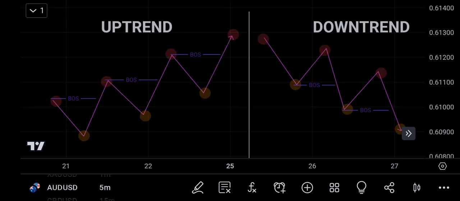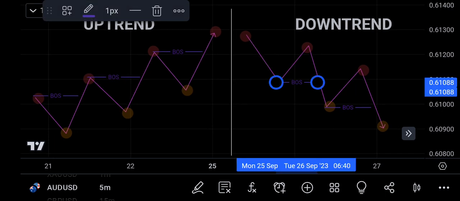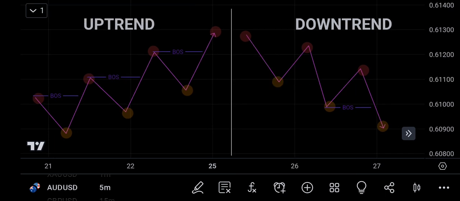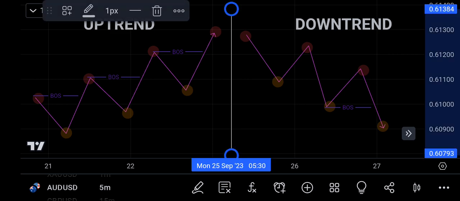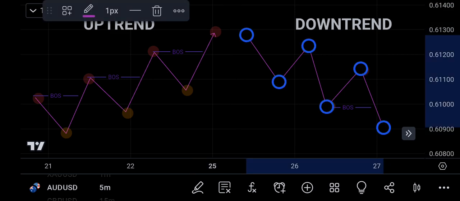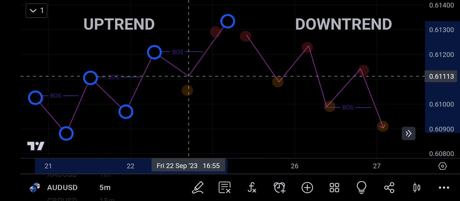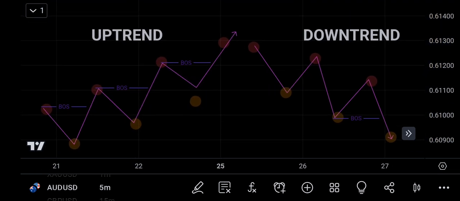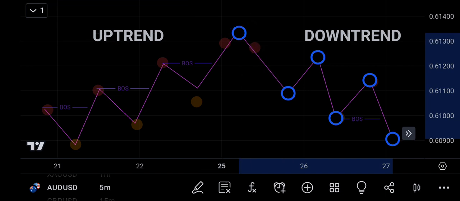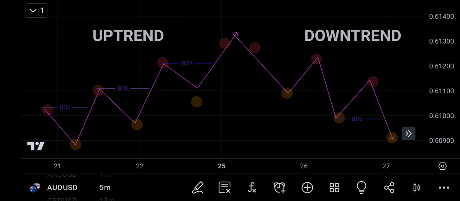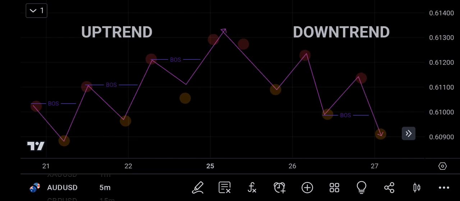So let's come back here, take out that break of structure. Now we will take out this dividing line. So let's take for example the market did this. Let's join our uptrend and our downtrend together. So we've successfully joined the up and the downtrend together.